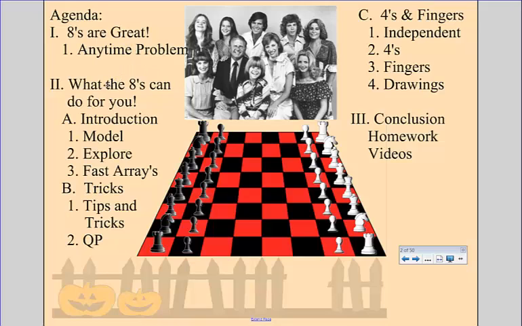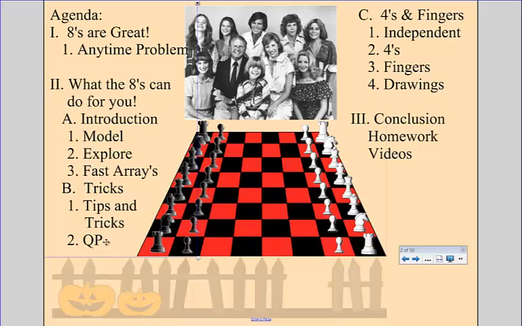Anytime problems. We're going to do some modeling for you so you understand how to do the 8s. We'll revisit what fast arrays are and how to do them. I've got some tips and tricks that might help you understand, and some quick practice.